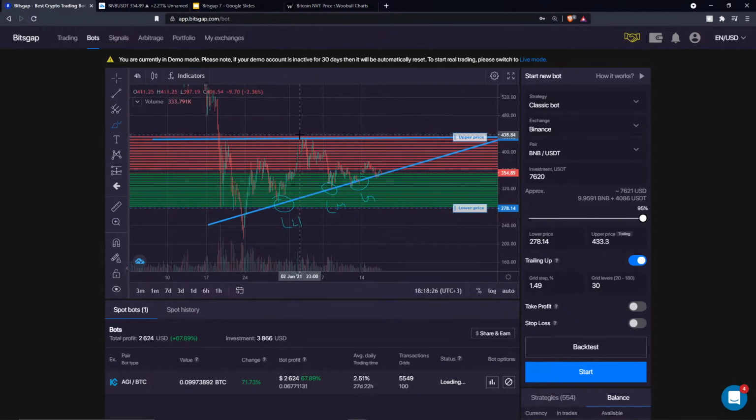But on the top you have resistance, right? And in this resistance it's pretty much clear that sellers are not letting the buyers on the market push higher.